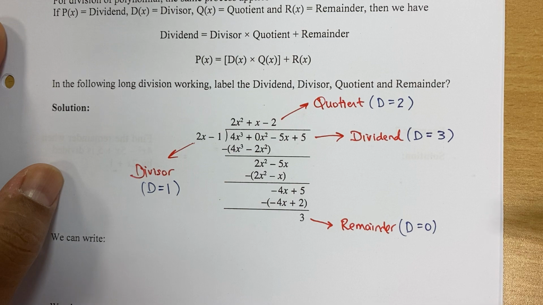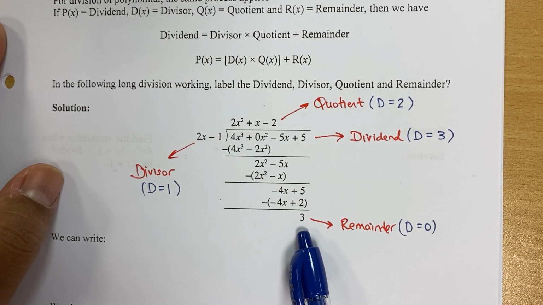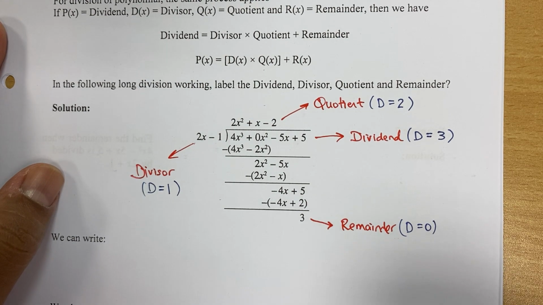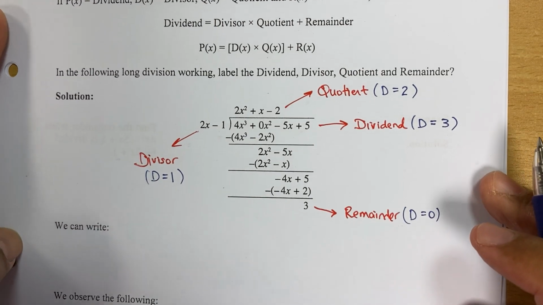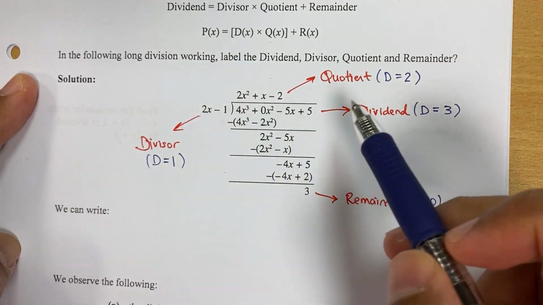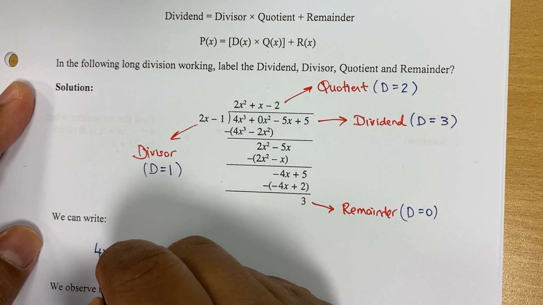Another important fact I want to highlight: if the divisor is degree 1, the remainder will be degree 0. The remainder is always 1 degree less than the divisor. Now, how can we write this? The dividend is P(x). We write the dividend first: 4x cubed.